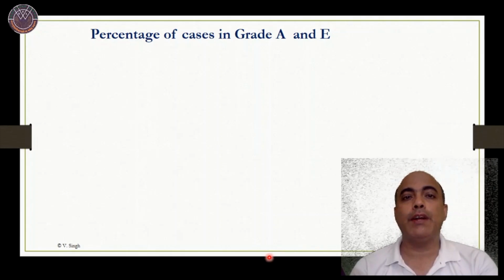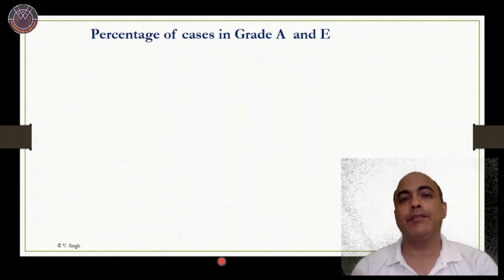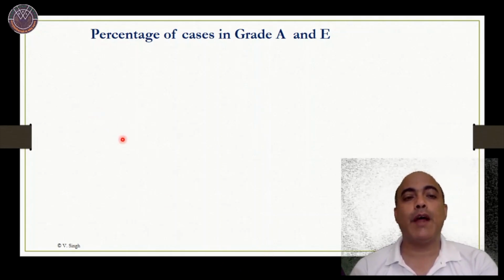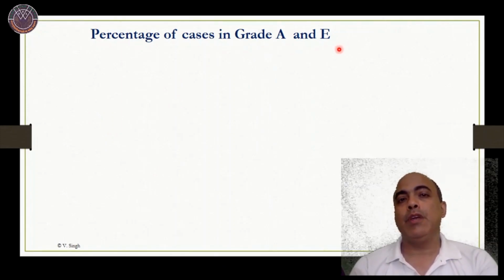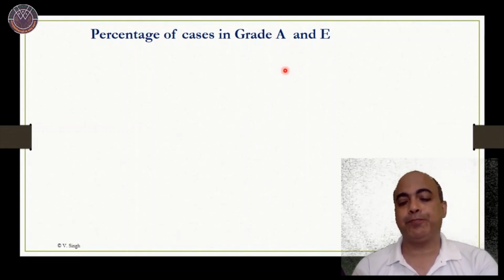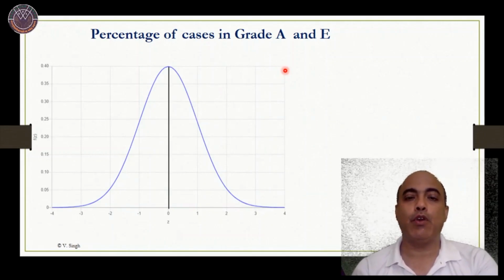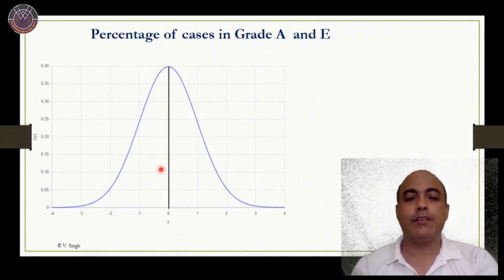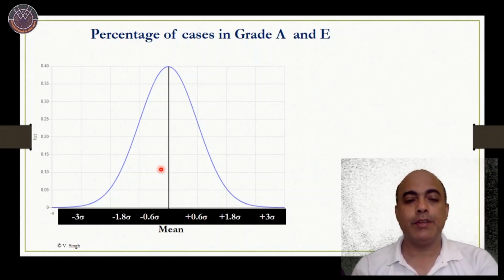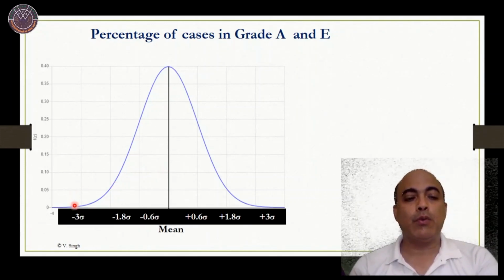Now after locating these 5 subgroups in the graph, the second step is to find out the percentage of cases in grades A and E. We have seen that grades A and E are quite similar, meaning the percentage of cases in grade A will be the same as in grade E. We can locate it in this normal probability curve, with the 5 divisions that we have converted from the 6 divisions of 6 sigma.